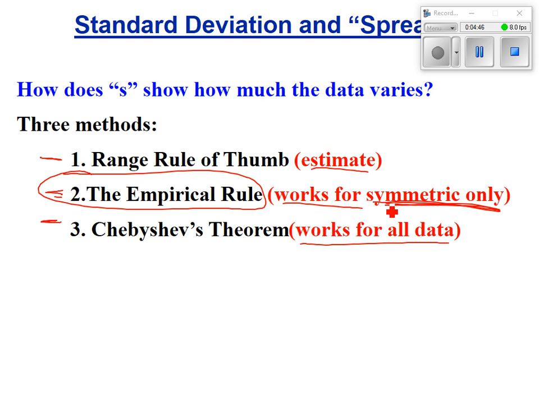And most data does come out to be symmetric, or sort of symmetric at least. A lot of times what we'll do with data is make it a little more symmetric as we go, so that we can use the empirical rule in different steps. Chebyshev's theorem works for all data, so that would work for any kind of data, whether it's symmetric or not.